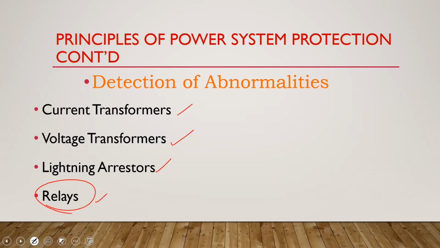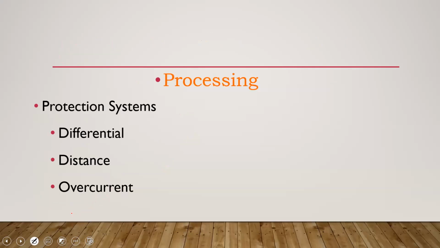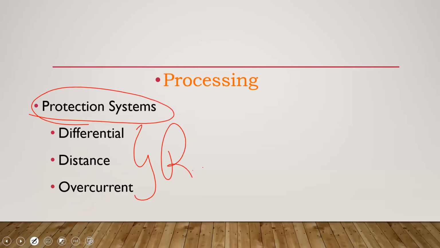And then of course your relays are used to determine whether the current that it is receiving or the voltage that it is seeing is above or below a threshold that would have been set. Okay. So that's your detection. For part of your processing, we talk about protection systems, but these that we have here are all relays.